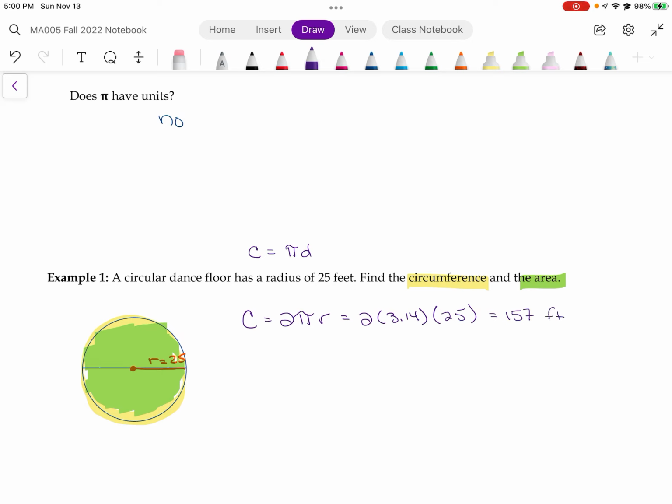Remember, that's a distance, so it's feet, not feet squared. Area is pi times r squared. So that is 3.14 times 25 squared, and you're going to get 1,962.5 feet squared.